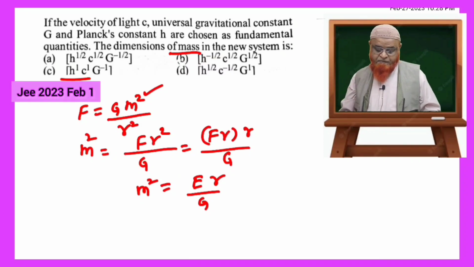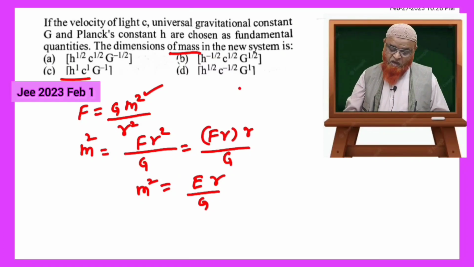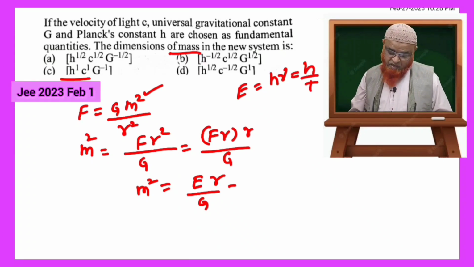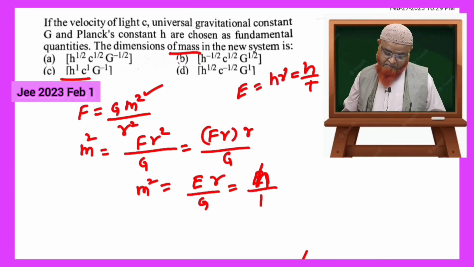So let us go ahead now. We all know that energy is equal to h nu. Nu is frequency, and frequency is reciprocal of time, so you can consider h by t into r by G.